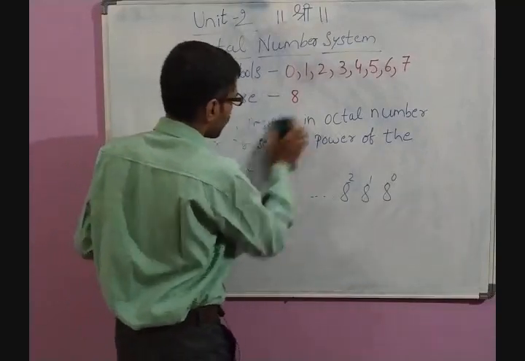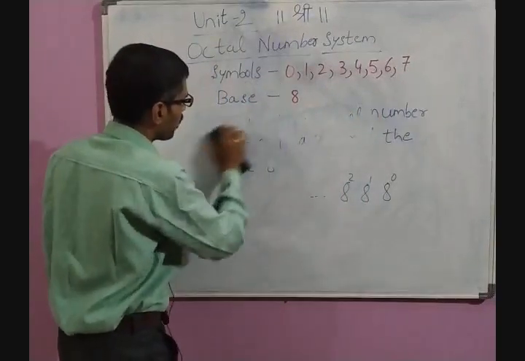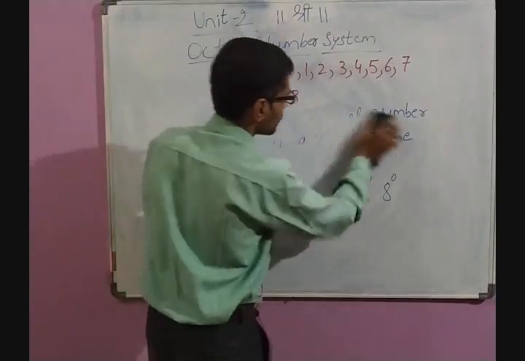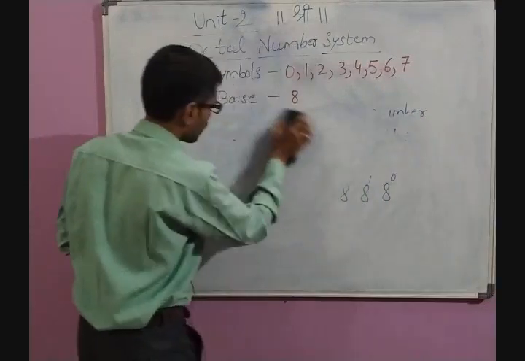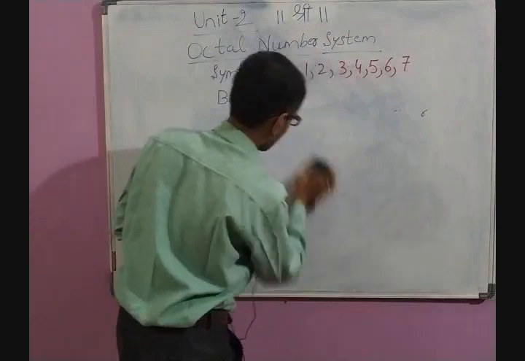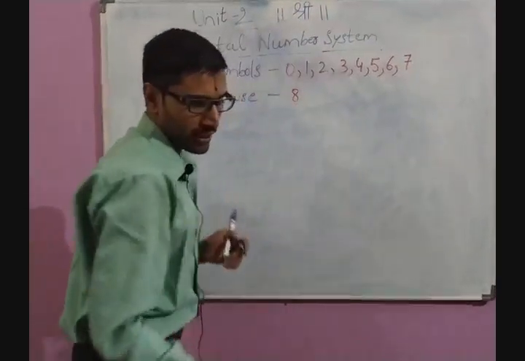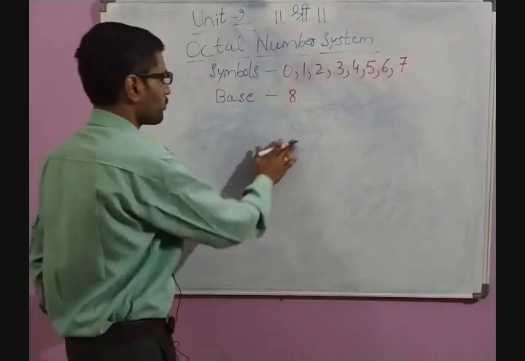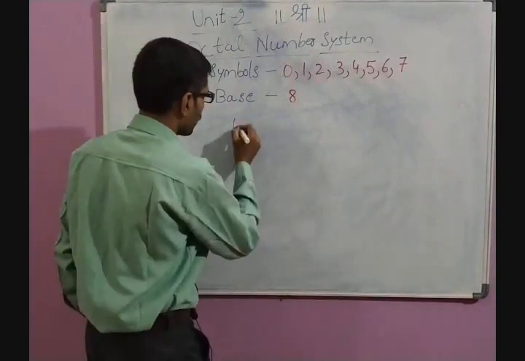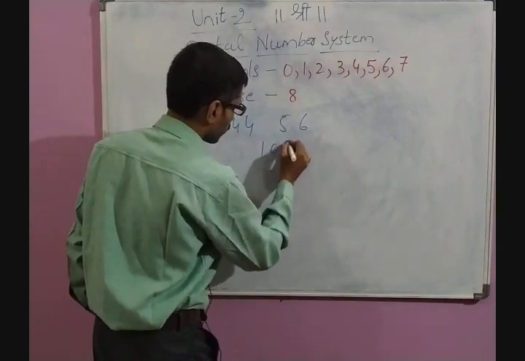If I want to write an octal number, I can use any combination of the digits present in this number system. I can write 44, 56, 104, anything.